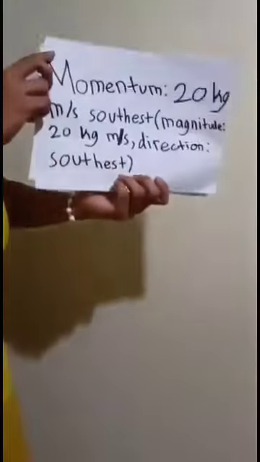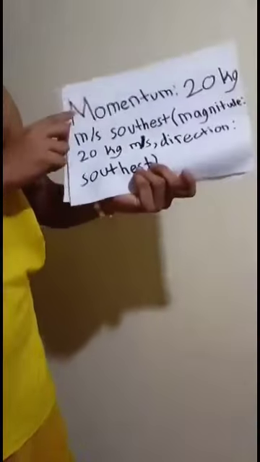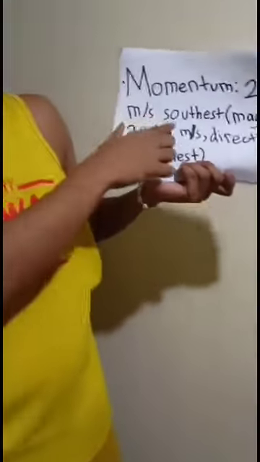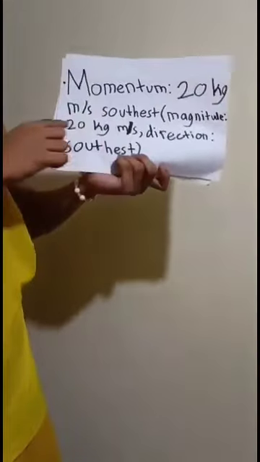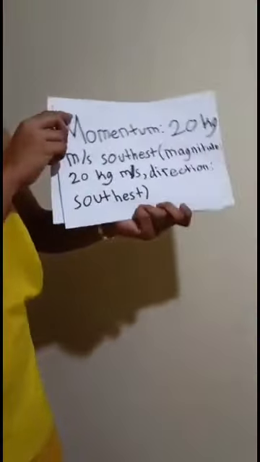The momentum has 20 kilogram meters per second southeast. So the magnitude is 20 kilogram meters per second, and the direction is southeast. So that is all for the examples.